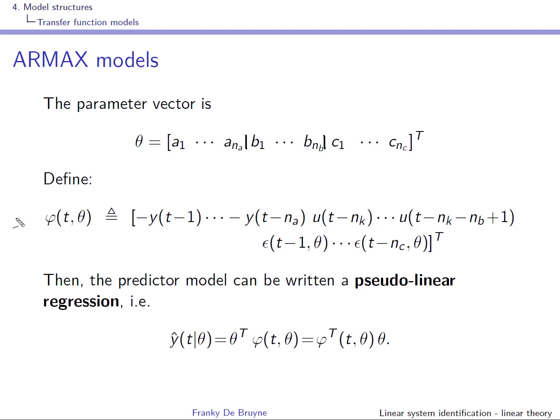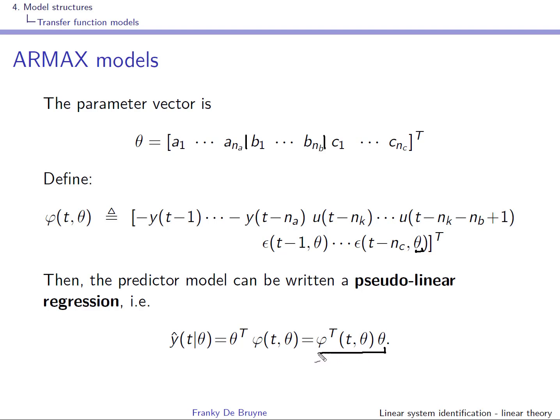It's also a column vector, and it's the same as for the ARX model, except that we have added the prediction errors from t minus 1 up to time t minus nc, and I think that I forgot to put the theta dependence previously. So we can write the predicted output as the transpose of this vector. This would be a row vector times theta, which is a column vector.